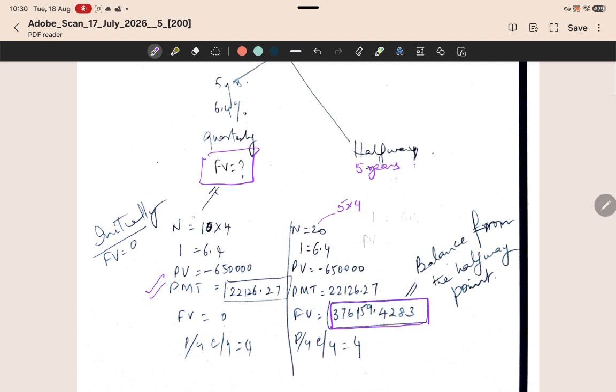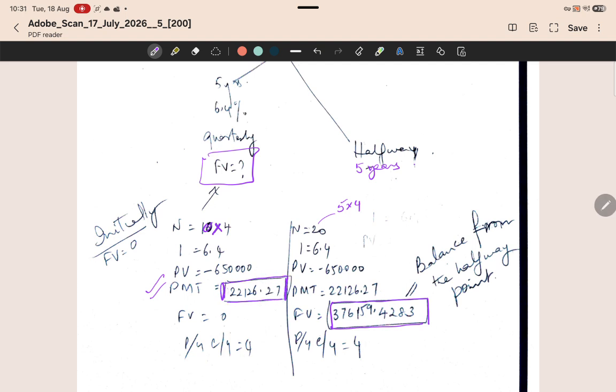So we calculate for the whole 10 years, 10 times 4. I is 6.4 given. The principal value is minus 650,000 because he invests money into an annuity. And the future value is 0. PY CY is 4. And so the regular payment works out to be this value.